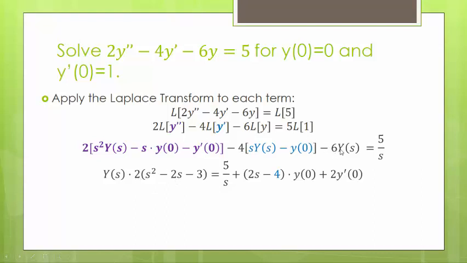And the negative 6Ys, here's your negative 6Ys right here, 2 times negative 3. Now, if it didn't have a Y of s, I threw it over to the right side. Why? Well, we're solving an equation, just like in algebra. So I want to solve for Y of s. So you'll notice anything with a Y of s I've left on the left-hand side. I factored out Y of s.